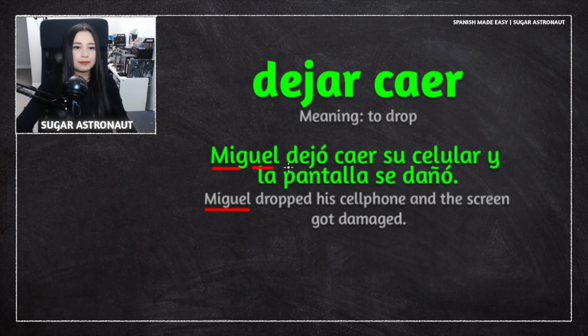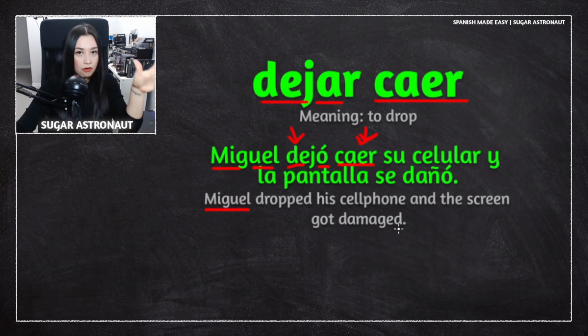Okay. Dejó, past tense. We have the verb dejar, and we have the verb caer. So when using this phrase, you don't have to conjugate the second verb. You only conjugate the first one.